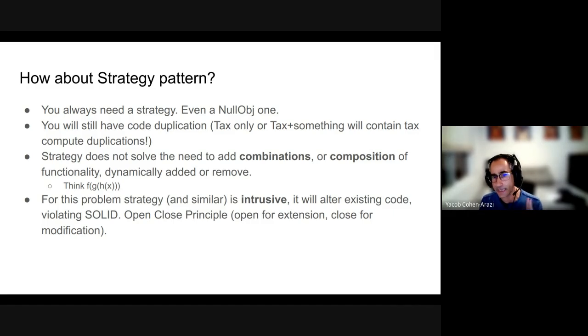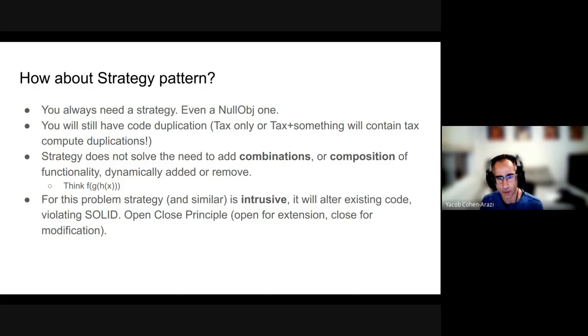Strategy doesn't solve the idea of composing or combining types. For me, h of x, g of h of x, and f of g of h of x is the way to think about composing types. There are a lot of people in the community who are big fans of composing types, and Bendin is one of them, by the way. He was a guest at least once in the meetup.